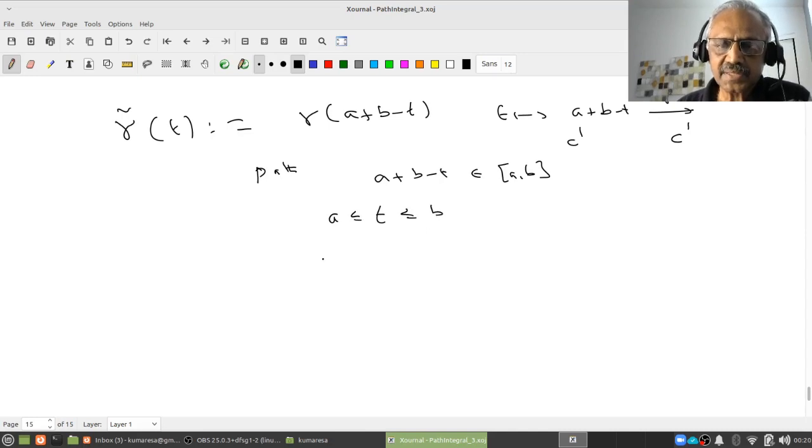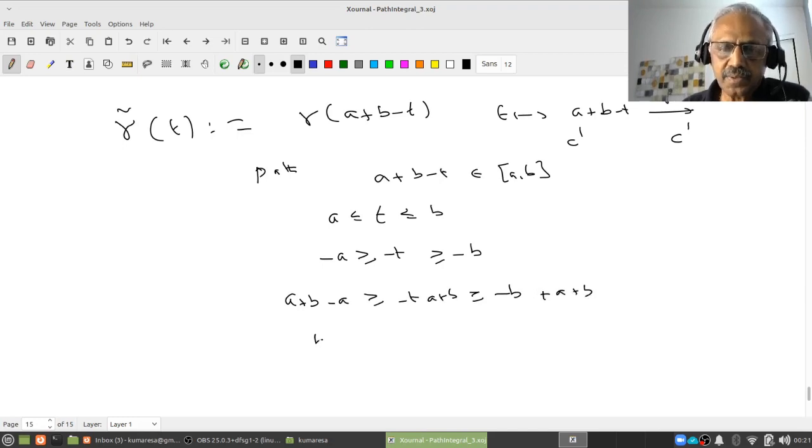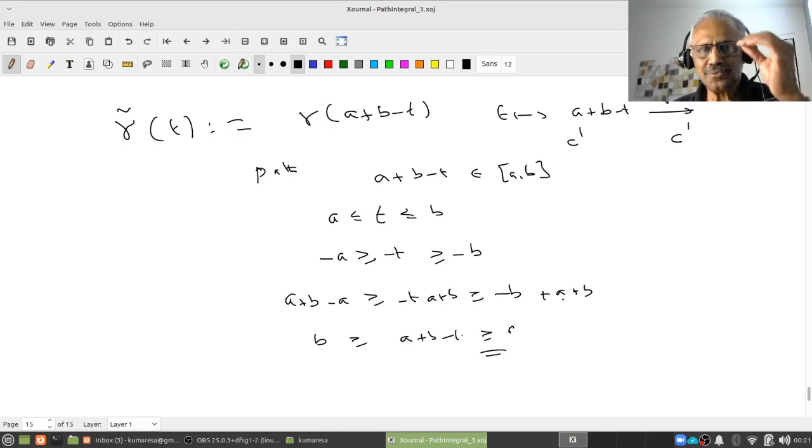Therefore minus a is greater than or equal to minus t, greater than or equal to minus b. Add a plus b to both sides. Then I have a plus b minus a, greater than or equal to a plus b minus t, greater than or equal to a plus b minus b. Therefore b is greater than or equal to a plus b minus t, greater than or equal to a. These are the things one usually never checks.